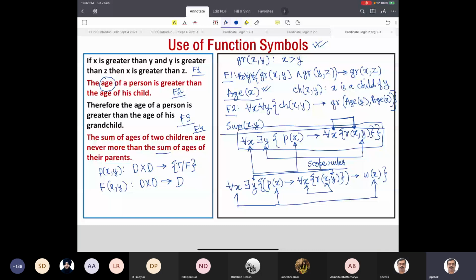So the scope rules are also to be considered very carefully. Any questions here? Sir, in F1, you haven't given a bracket. I have not given a bracket, but this is supposed to be like this. Because they are all unique, I've put it all outside.